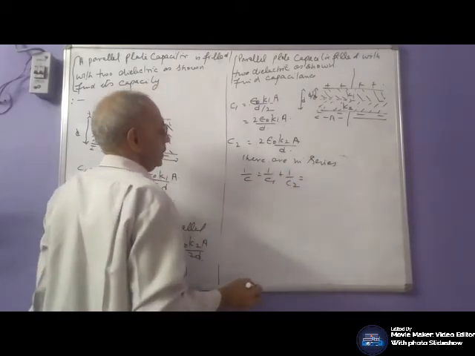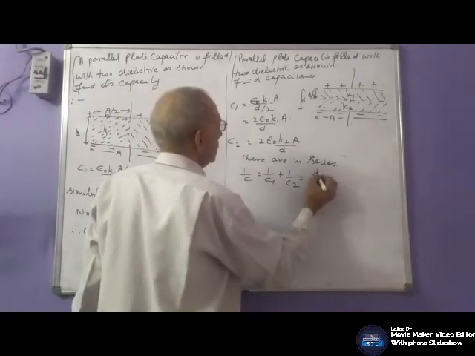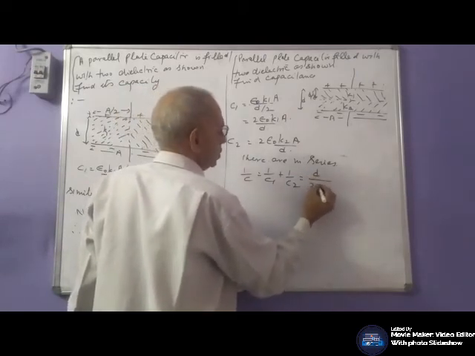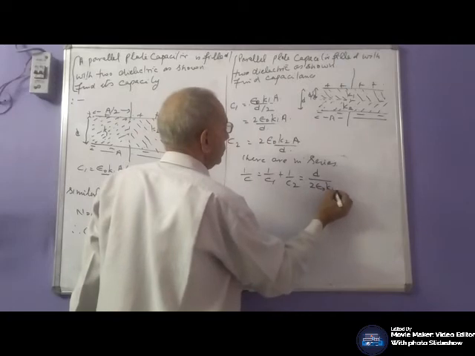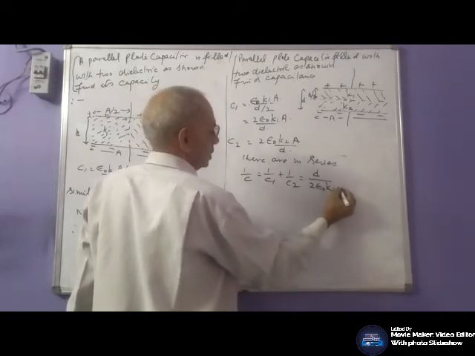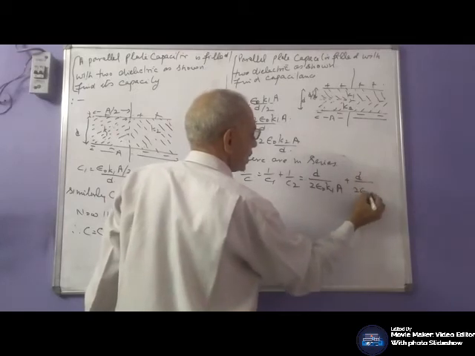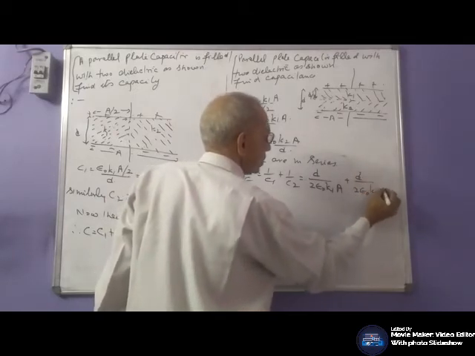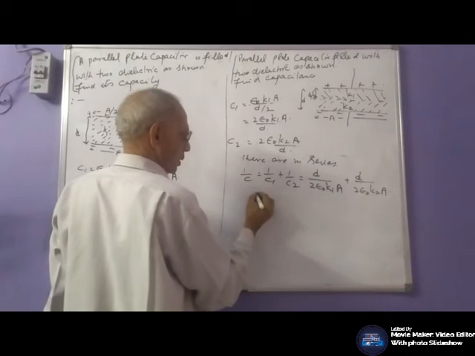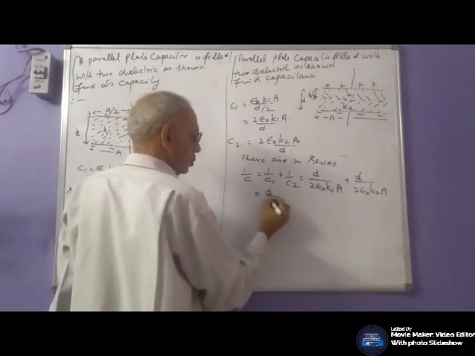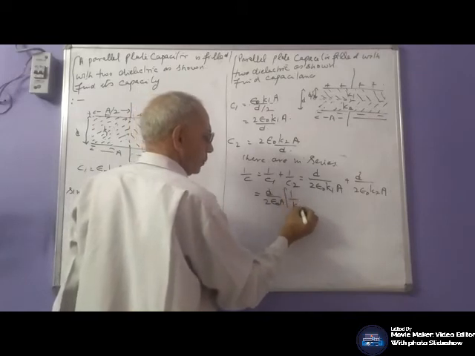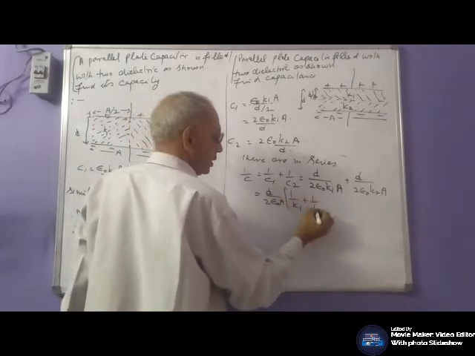D by 2 epsilon naught K1 A, D by 2 epsilon naught K2 A. D common, 2 common, epsilon naught common, 1 by K1 plus 1 by K2.